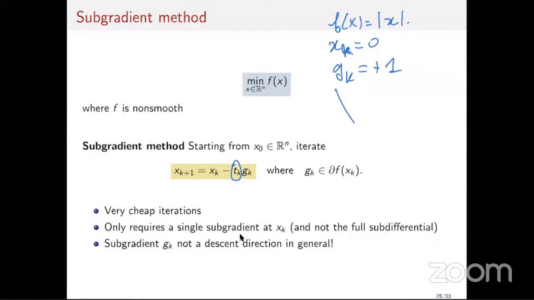So then what will happen, even though you started at the minimum, is that your xk plus 1 will move away from the origin, and definitely your function value will increase. So the direction gk is not necessarily a descent direction, a direction where the function value will decrease.